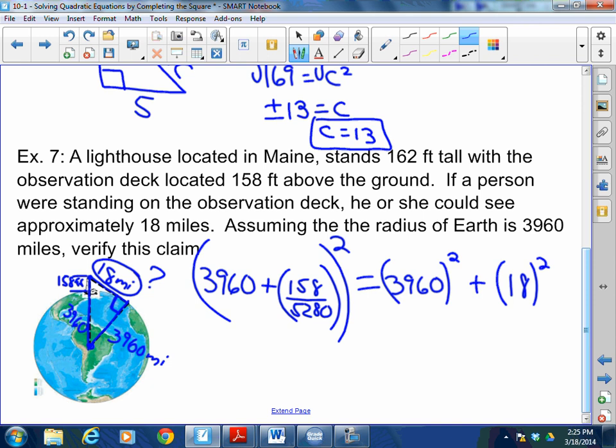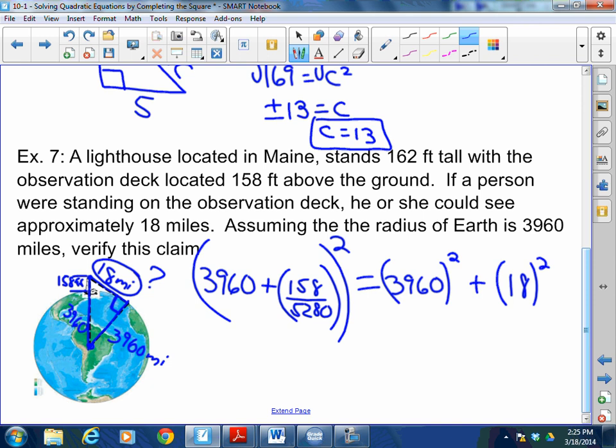If it is equal, then the claim is correct. So I'm going to cheat as well. I'm going to use my calculator. First thing I'm going to do to make my life easy is I'm going to say 158 divided by 5,280. I'm going to add that to 3,960, and then I'm going to square it.